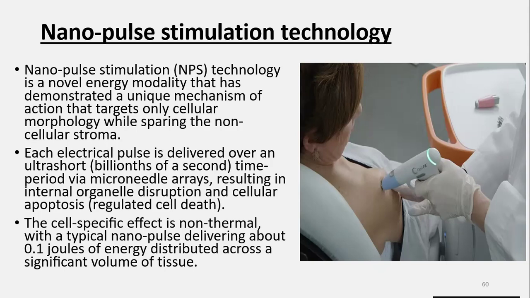Each electric pulse is delivered over an ultra-short billionth of a second via a microneedling array, resulting in internal organelle disruption and cellular apoptosis, which is regulated cell death. The cell-specific effect is non-thermal, with a typical nanopulse delivering up to 0.1 joules of energy distributed across a significant volume of tissue.